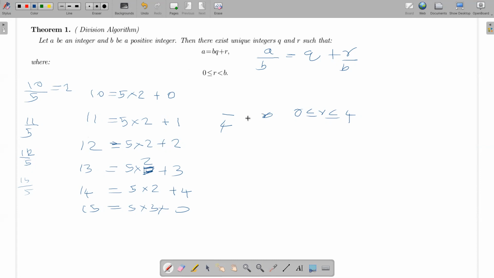Okay, if we divide any integer a by b, we can write it like this, the remainder theorem.